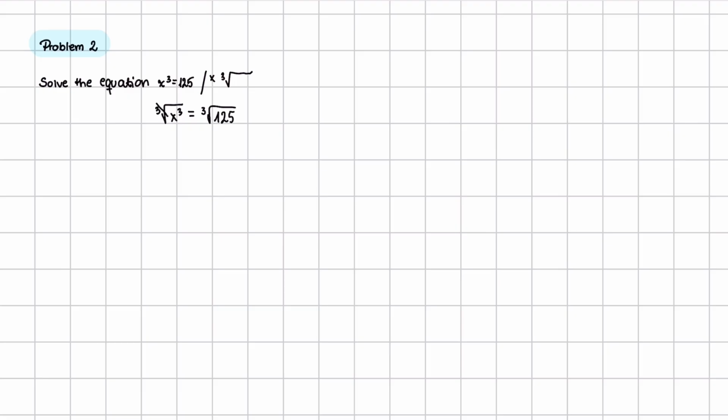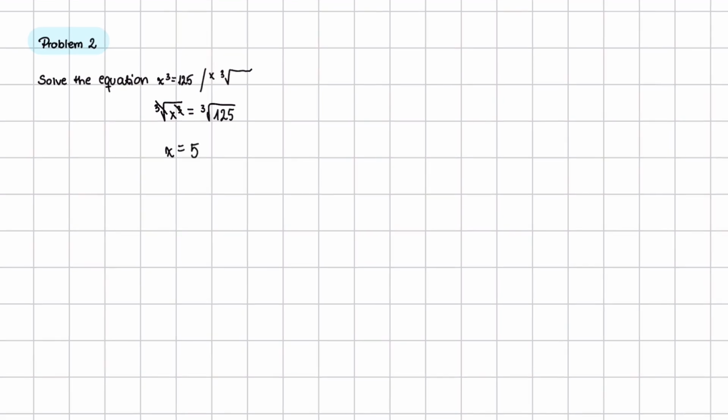The cube root and the power cancel out, and we can simply calculate the cube root of 125 from our calculator or GDC, and it is simply 5, because 5 times 5 times 5 gives us 125.